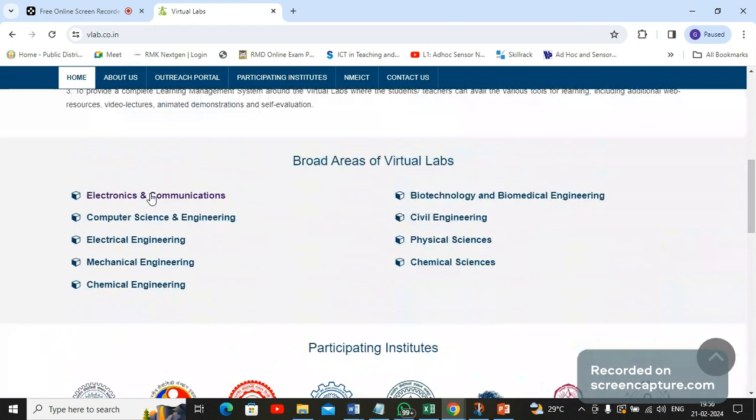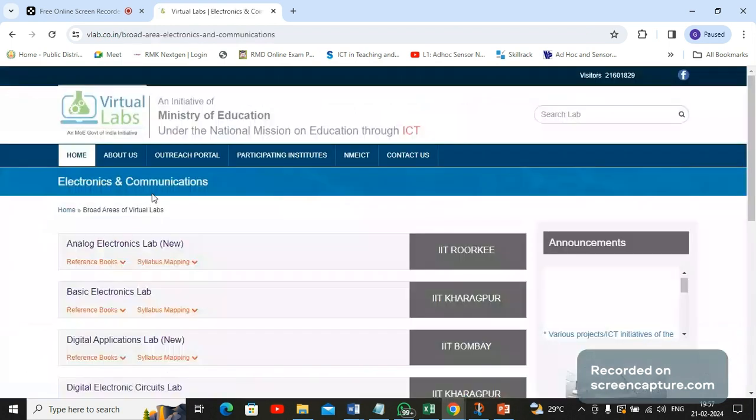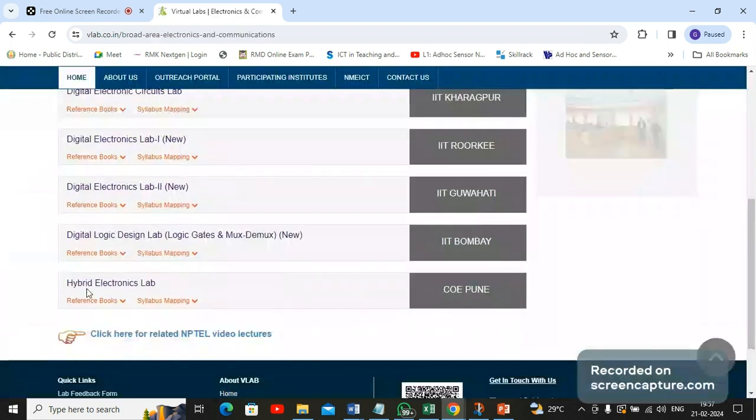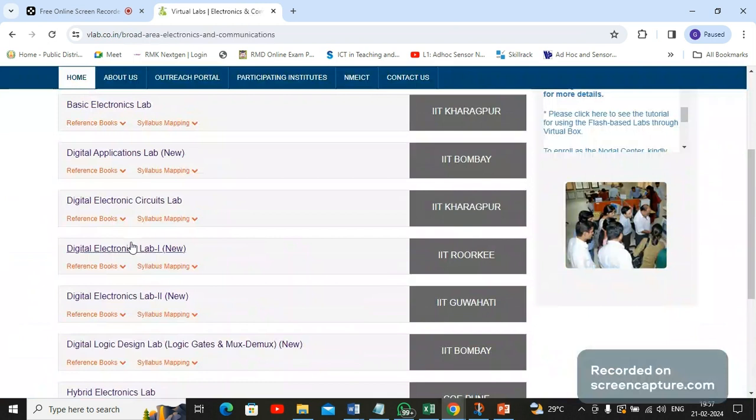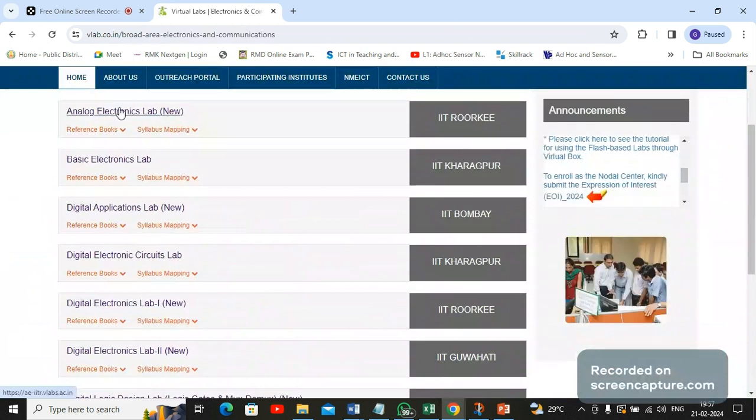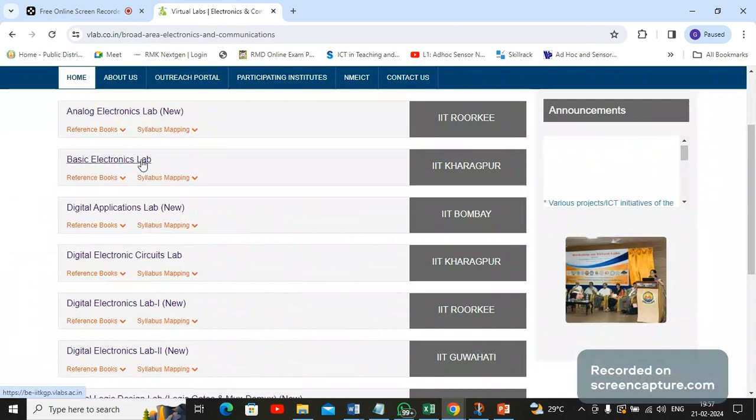Now we are getting into electronics and communication. Here we have nearly 7 to 8 labs, mostly covering the digital electronics lab, hybrid lab, basic electronics lab, and analog electronics lab. So let us get into this analog electronics lab run by IIT Kharagpur. Click over here.